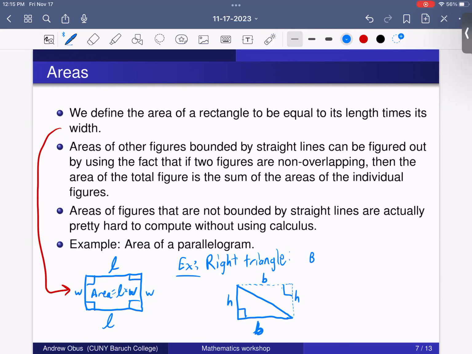And so what we know is that the rectangle with area base times height is made up of 2 non-overlapping right triangles.